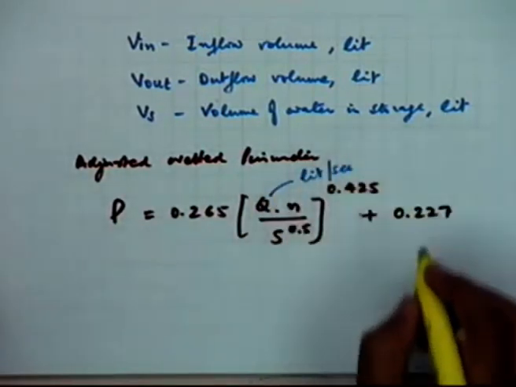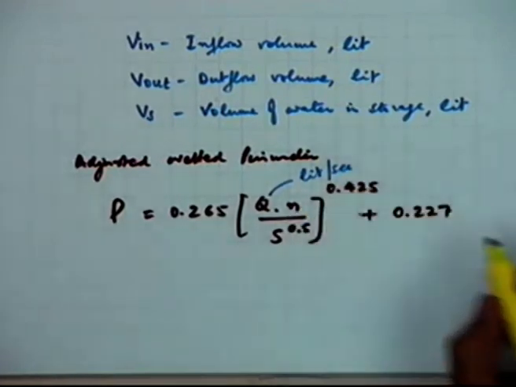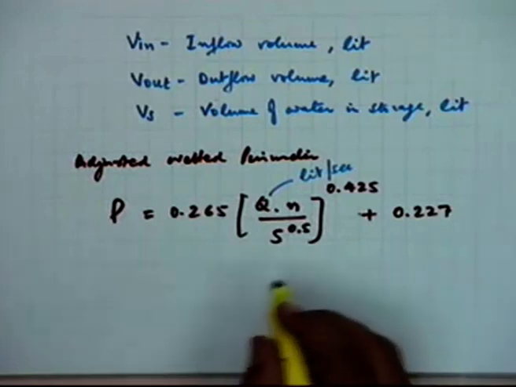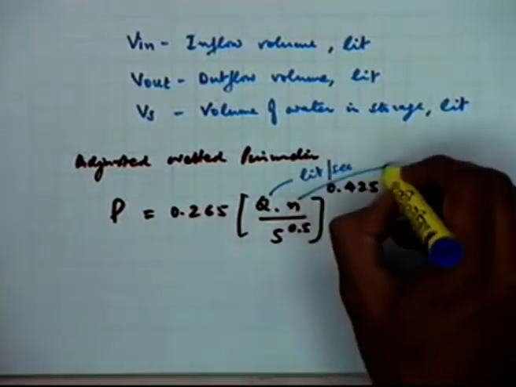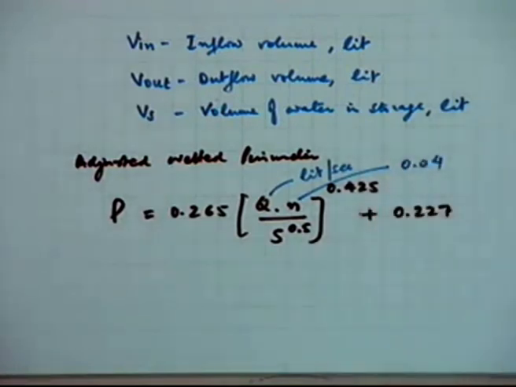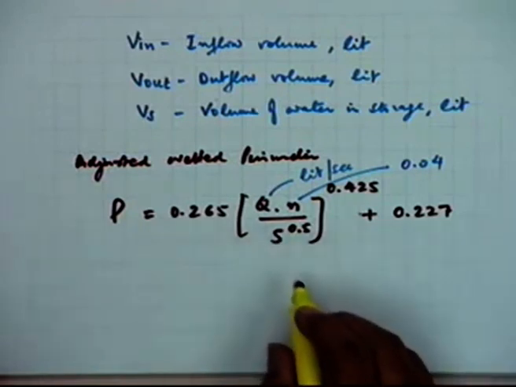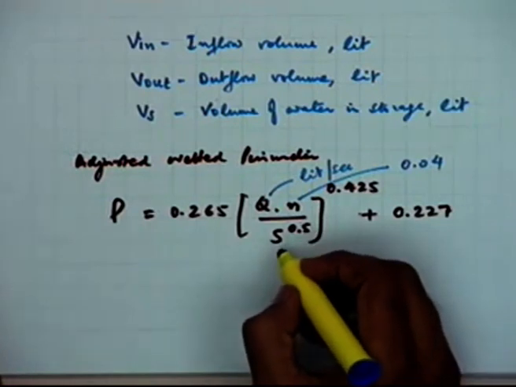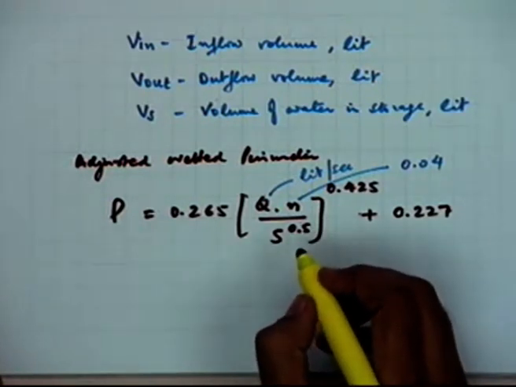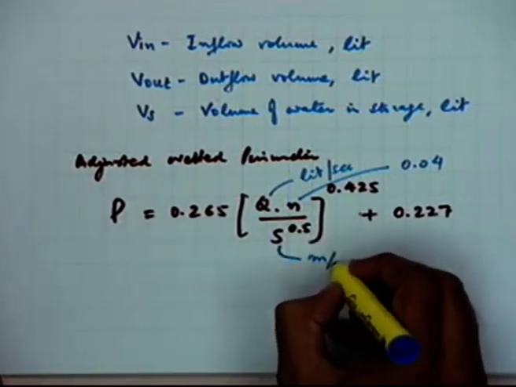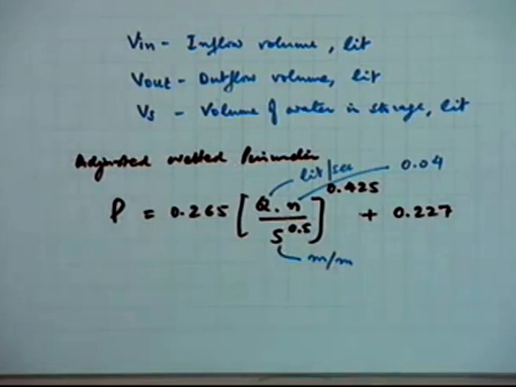N is Manning's roughness coefficient, and normally the value of N is taken as 0.04. S is the furrow slope, basically the hydraulic gradient, but assumed equal to the furrow slope, given in meters per meter.